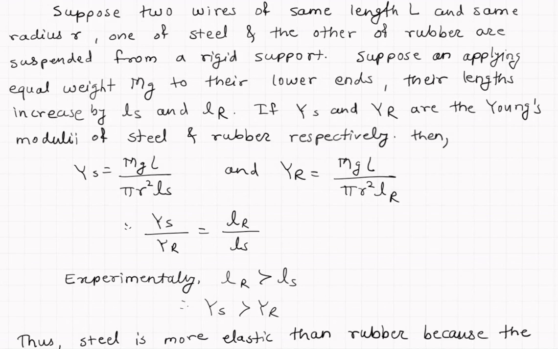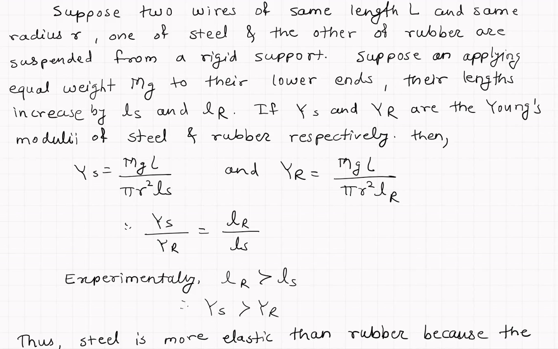Suppose two wires of the same length L and same radius R, one of steel and the other of rubber, are suspended from a rigid support. On applying equal weight mg to their lower ends, their lengths increase by Ls and Lr.